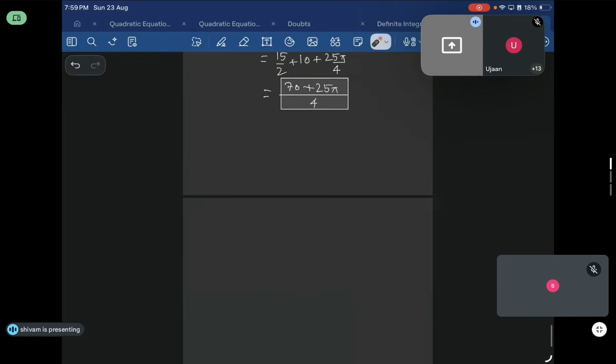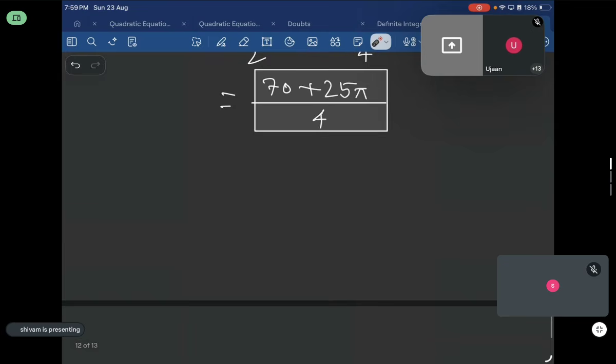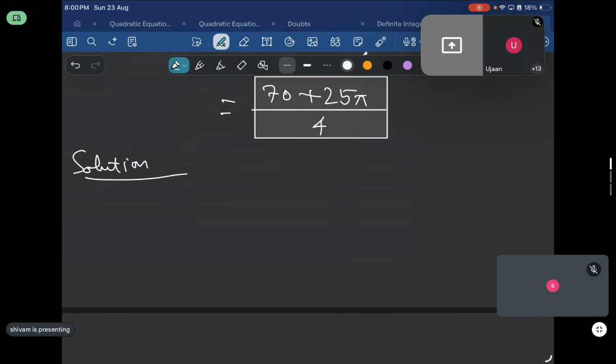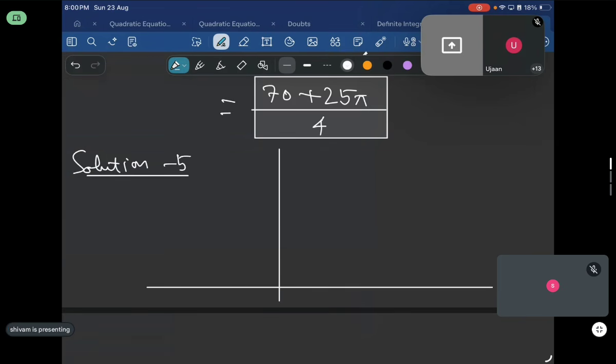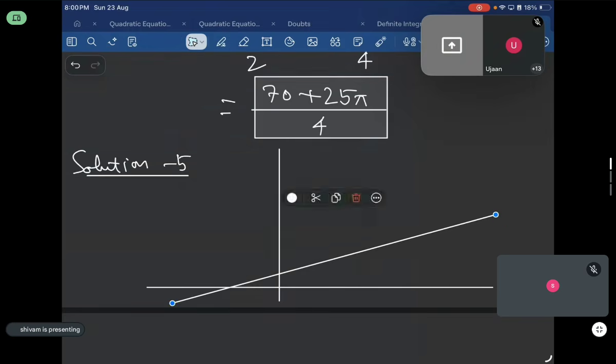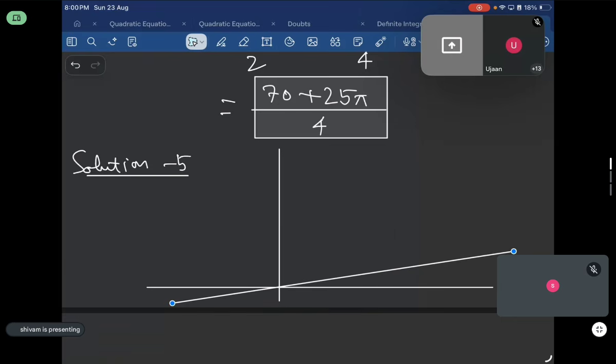Graph is very important, everyone. If you are not drawing the graph, it will be difficult to solve the questions. So y equal to x by 4 will be somewhat like this.